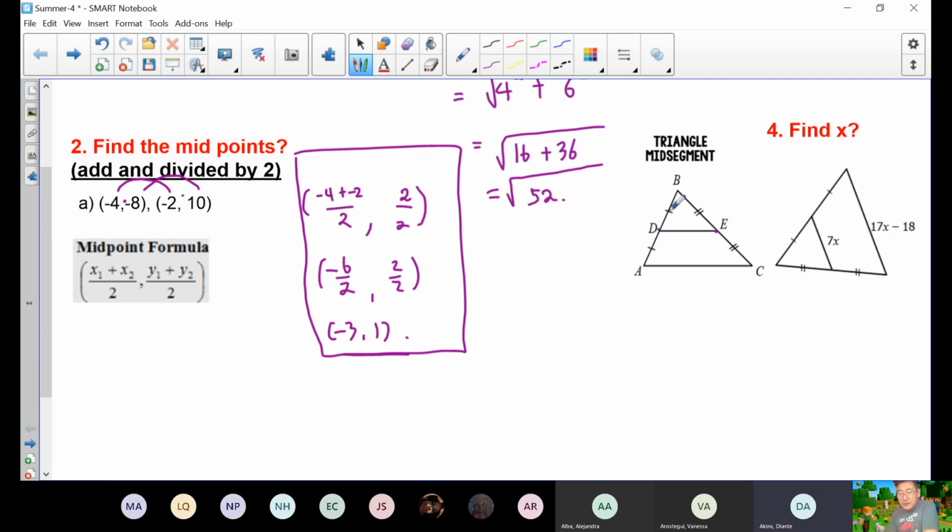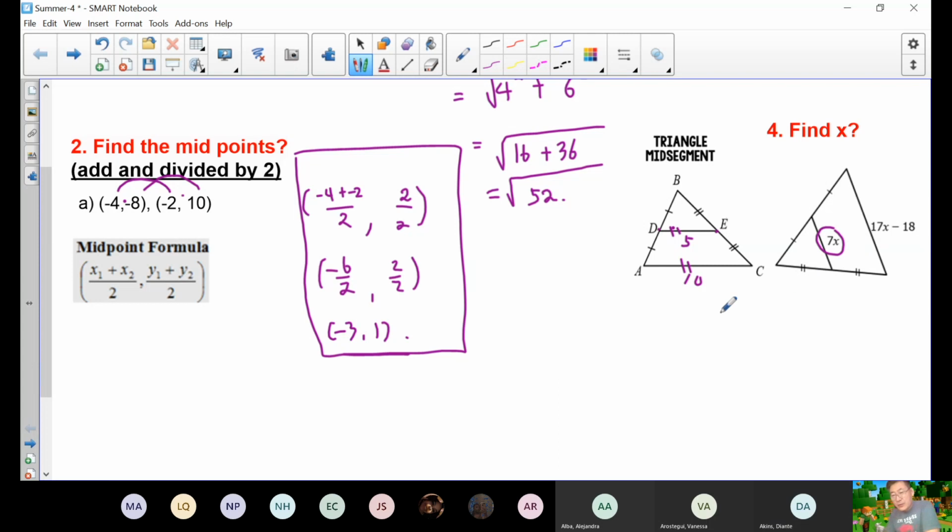This one is exactly halfway. Let's say this is 10, then this one becomes 5, which is half of it. This line is half of this line, and it is also parallel.